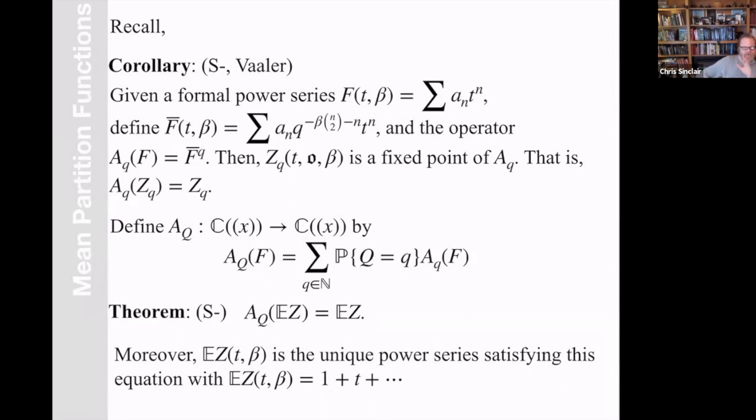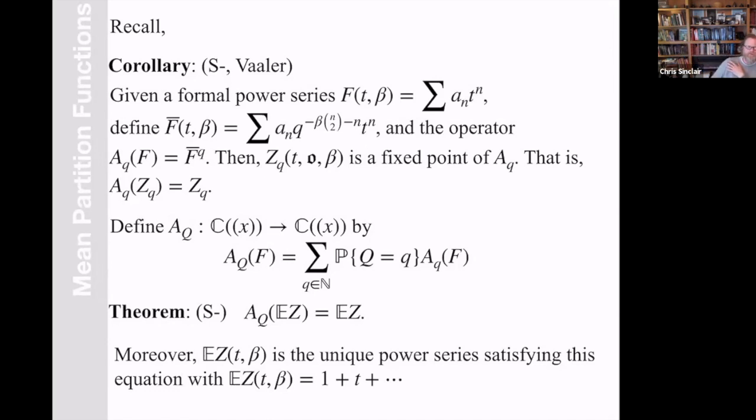Right. I should say that the corollary that I gave before, that the partition functions are fixed points of these operators, is true, but they're also the unique fixed points of the operators where the power series starts 1 plus t plus some other terms.